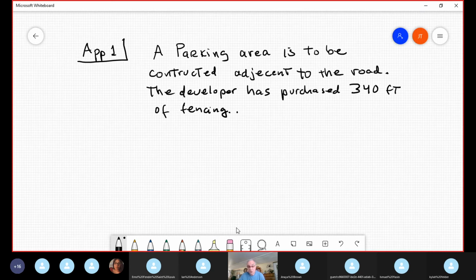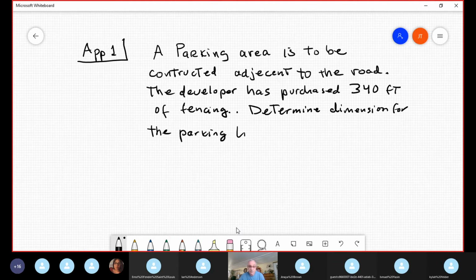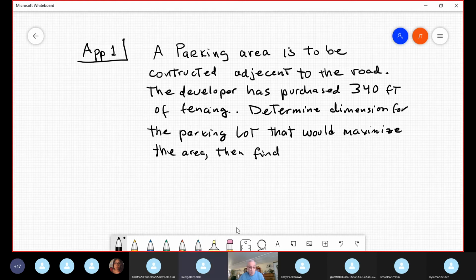Then the problem is: determine dimensions for the parking lot that would maximize the area. And also, find the maximum area.